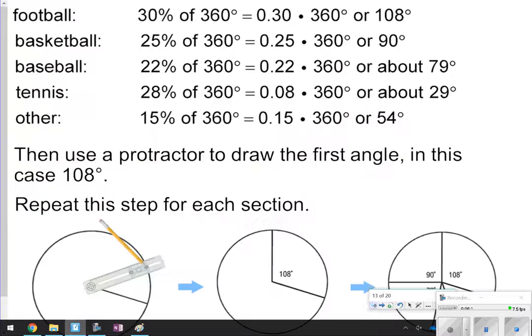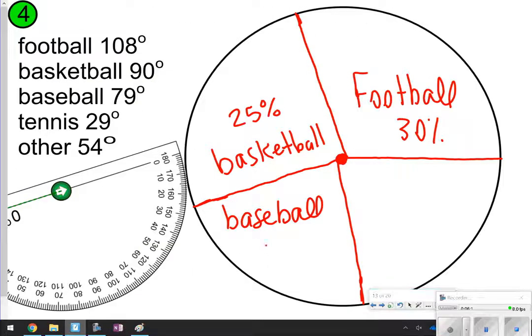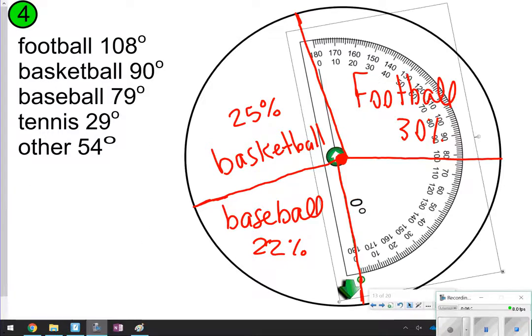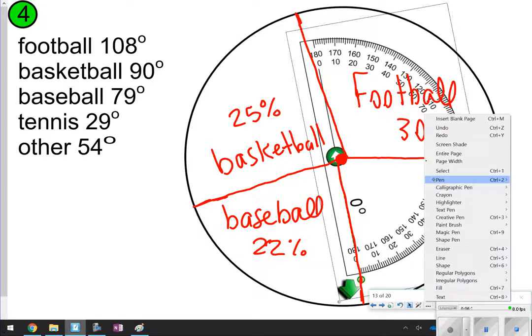Baseball was 22%. Okay. And then just again lining up, tennis here, 29 degrees.